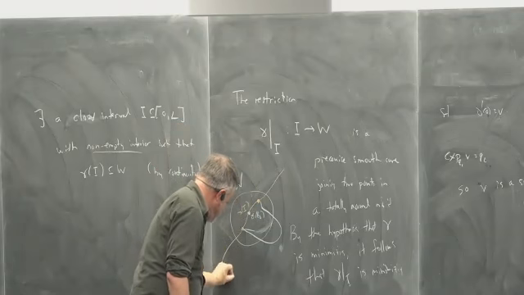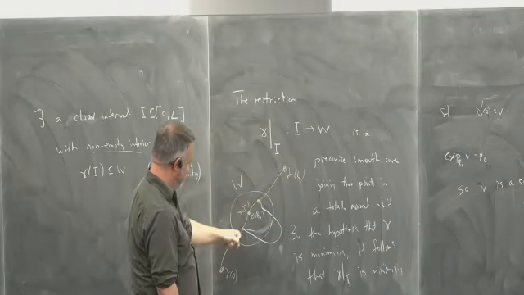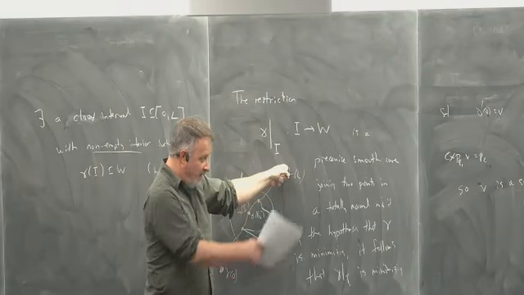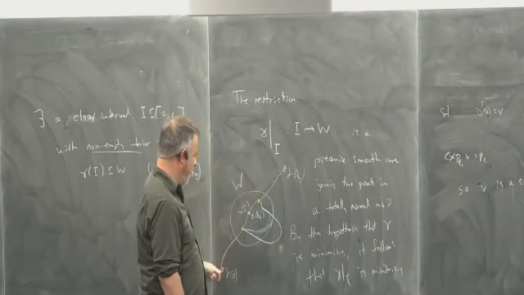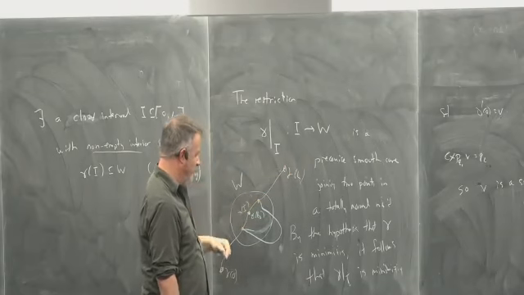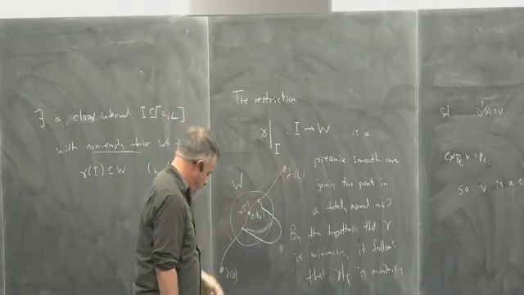This is gamma of 0, this is gamma of L. By the hypothesis, that length is at least as big as the length of gamma. But the pink parts have the same length, so if I throw them away, this blue curve has length at least equal to the orange curve.